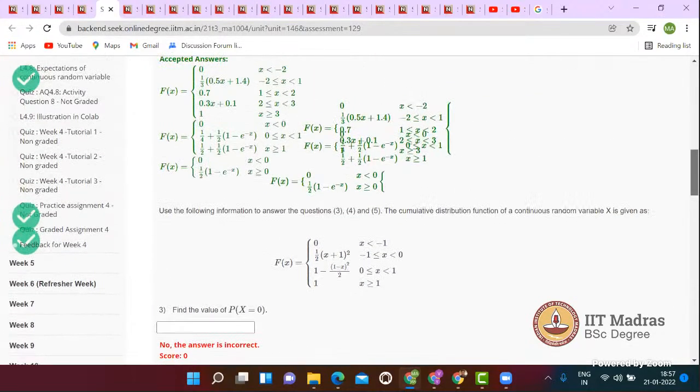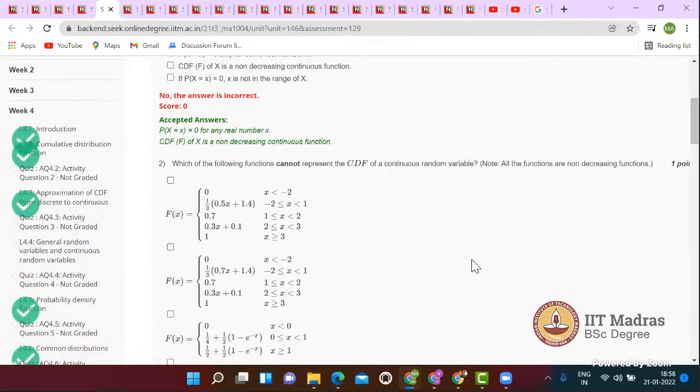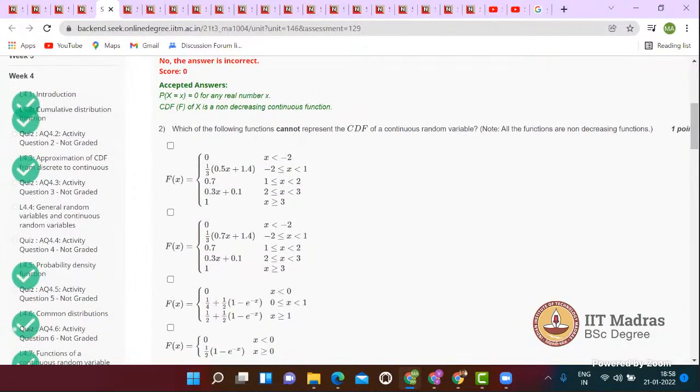Sir, am I audible? Yeah. Sir, can you please show me how I can convert the CDF into PDF? You can take an example from question number 2. Yes, sir. How can I convert this CDF into PDF? Just differentiate it.